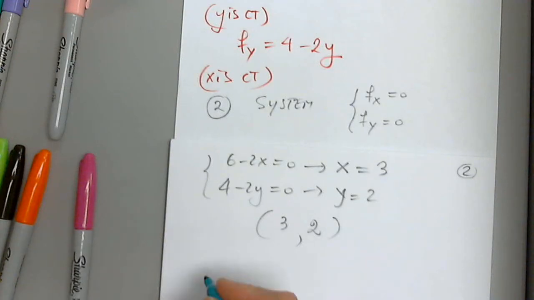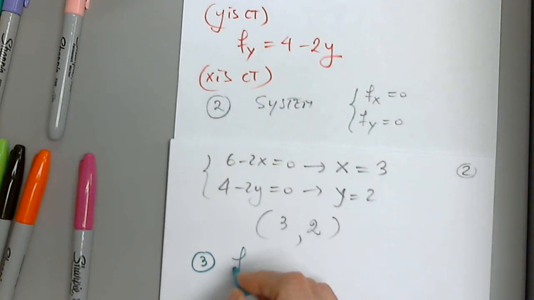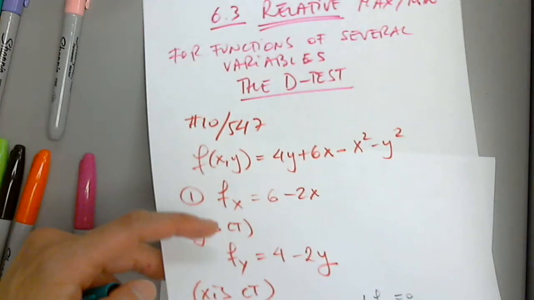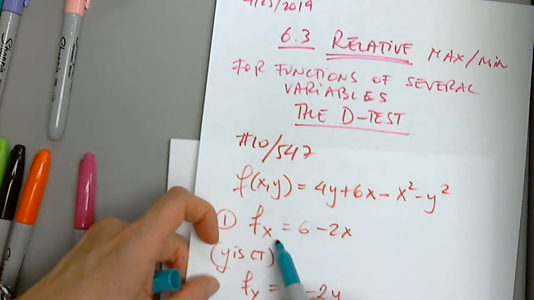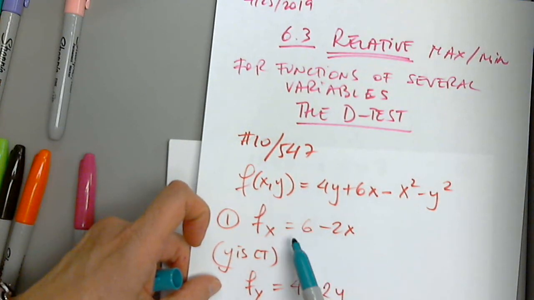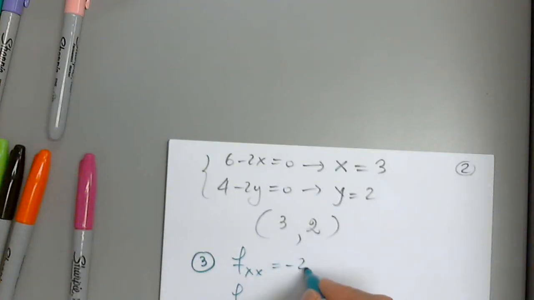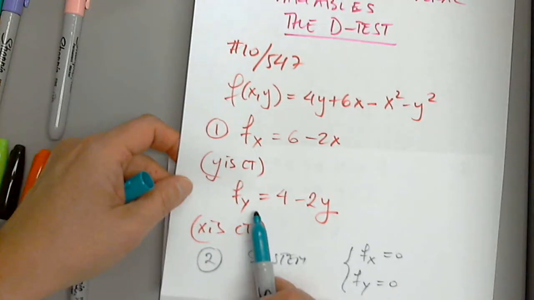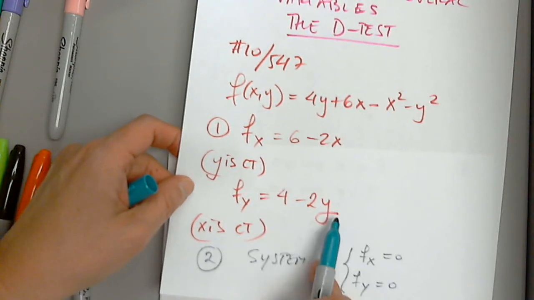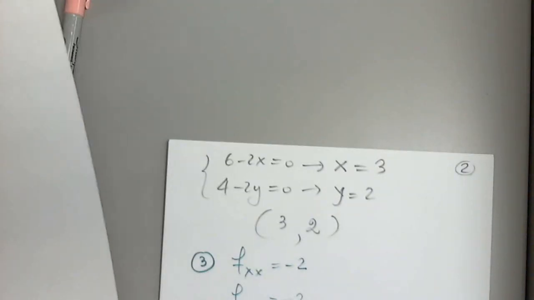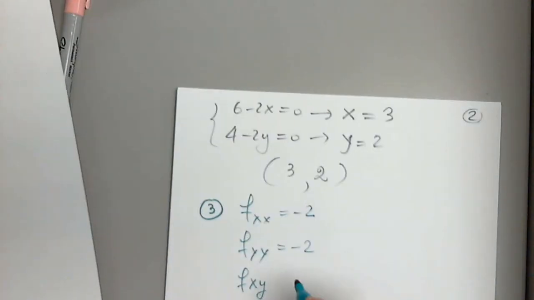In step 3, we want to determine fxx, fyy, and fxy. Going back, fxx means that we differentiate this function with respect to x one more time, and the answer is -2. fyy means that we differentiate this function one more time with respect to y, and the answer is also -2 in this case.